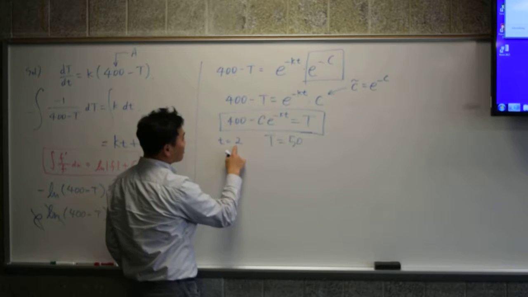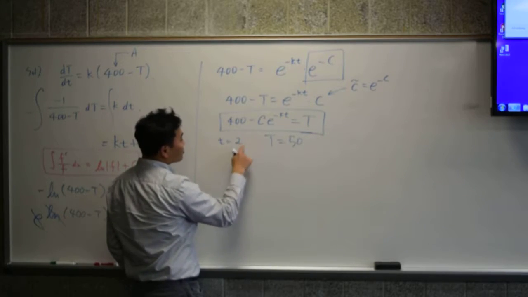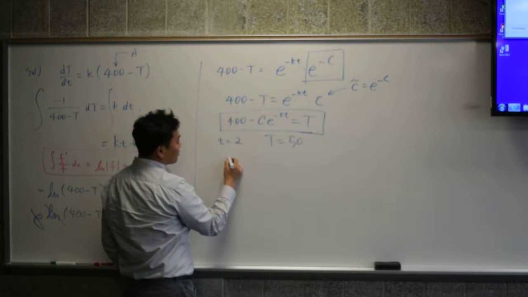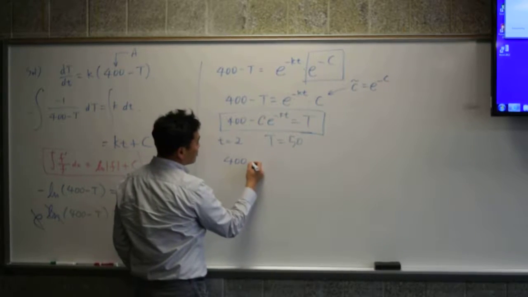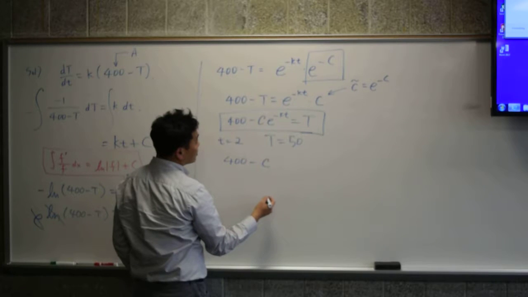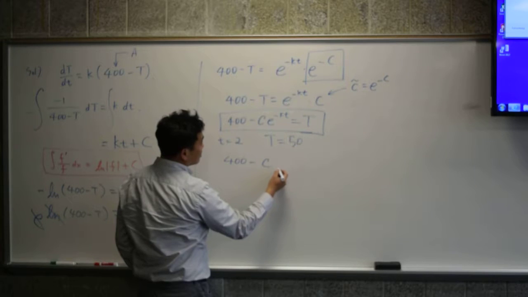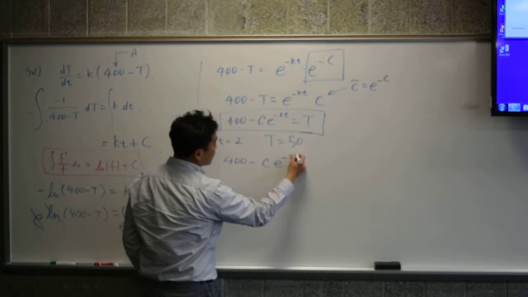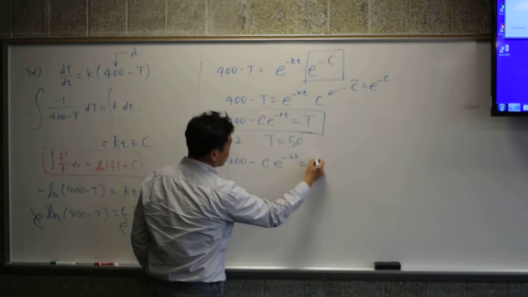Okay, let's plug in and see what we can get. So we have 400 minus C e to the negative 2k equals 50.